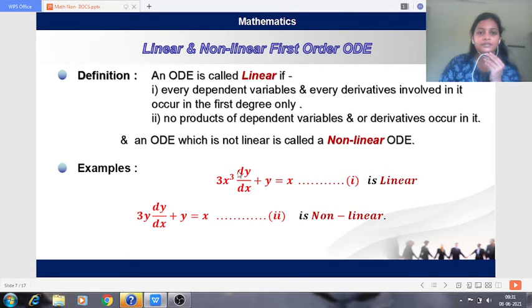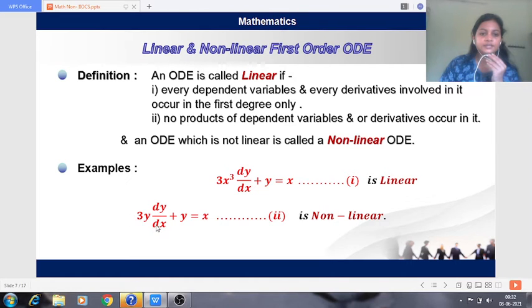But dy dx and y, that is dependent variable y and derivative dy dx, present in first degree only. And in this equation there is no product of dependent variable and its derivatives, that is no products of y and dy dx. So we see that this equation is linear ordinary differential equation.